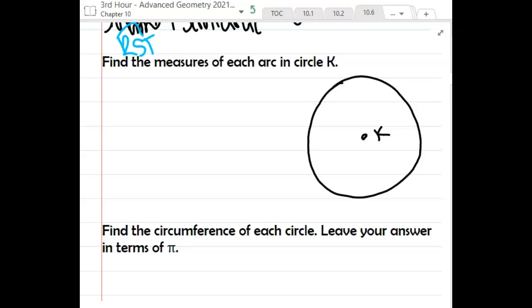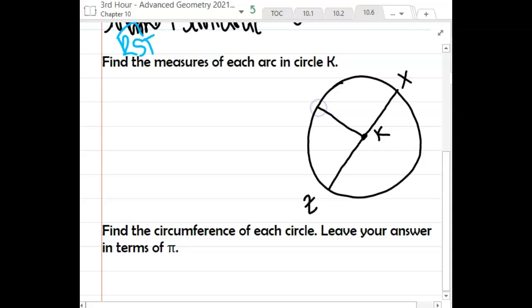So whenever I say circle K, I already know that center point is K. Let's go ahead and draw a diameter with endpoints X, Z. We're going to draw a radius that's actually going to be perpendicular, going out to point W. And then we're going to draw another radius out to point Y.